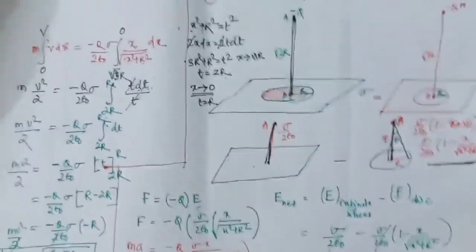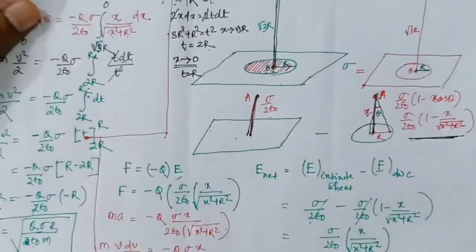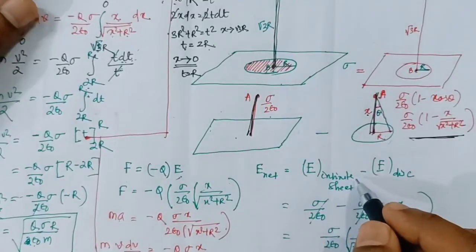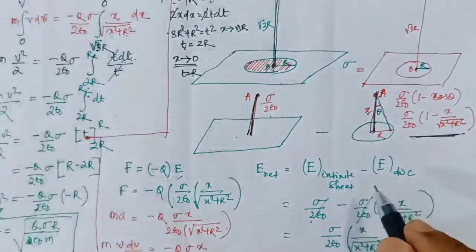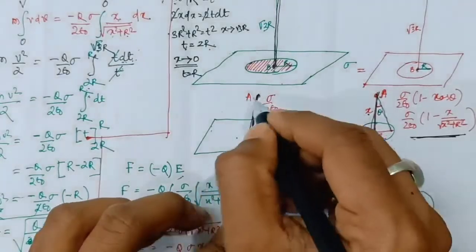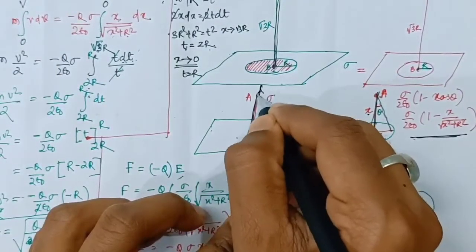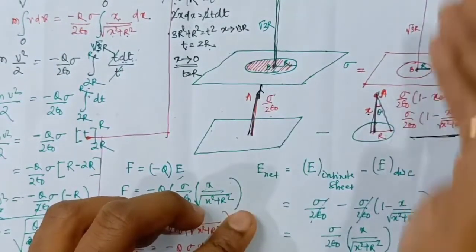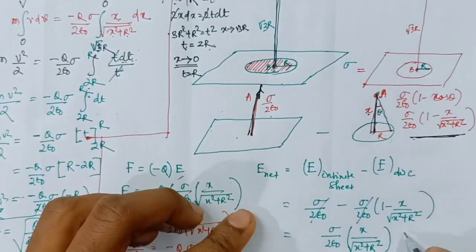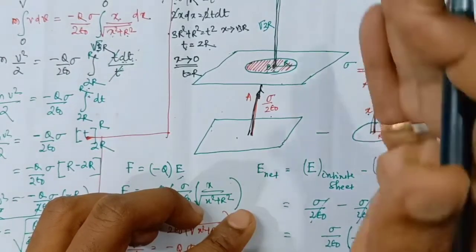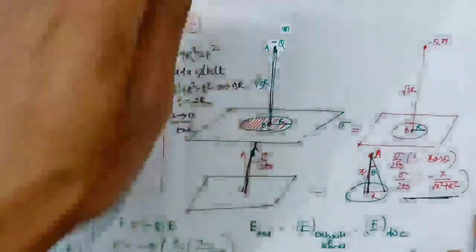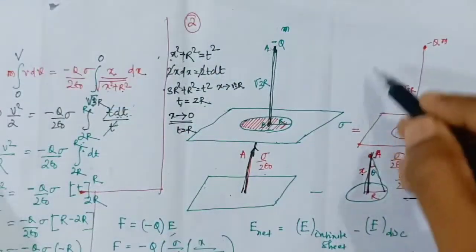And due to the net electric field, what will happen? If you write with sign conventions, in vector form, this goes upward and this one also goes upward. So the net electric field is in the upward direction, because due to one the field goes like this, and due to the other the field goes like this.